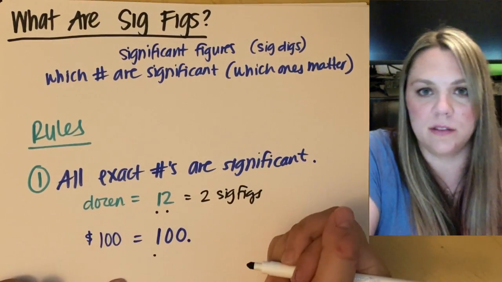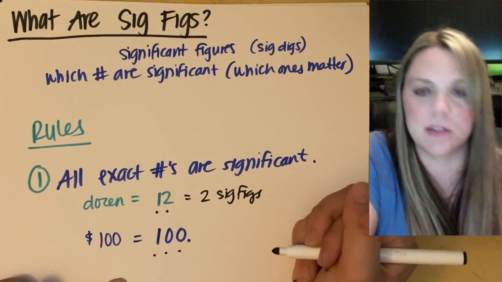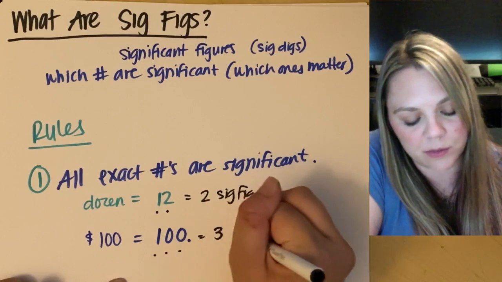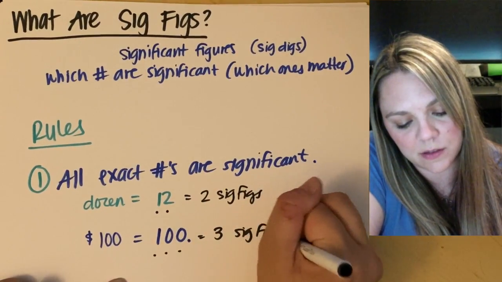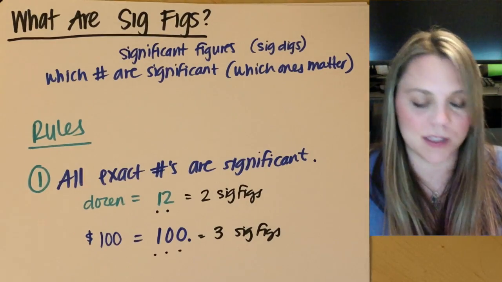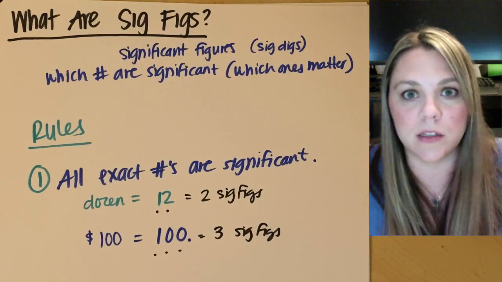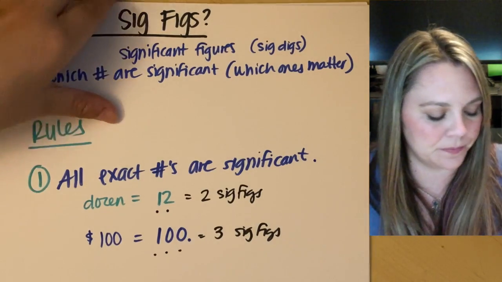The 1 is a significant figure, the 0 is significant, and the other 0 is a significant figure. I have 3 sig figs in that exact number. So if it's exact, every single digit in the exact number is significant. That's the easy one. The rules get harder when you have inexact numbers.